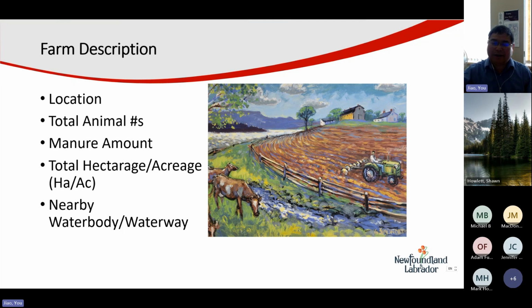So this is basically a bulk check, and I know how big a land I will require for this size of animal farm. And also the nearby water bodies and waterways: is my farmland close to the river and close to the pond?